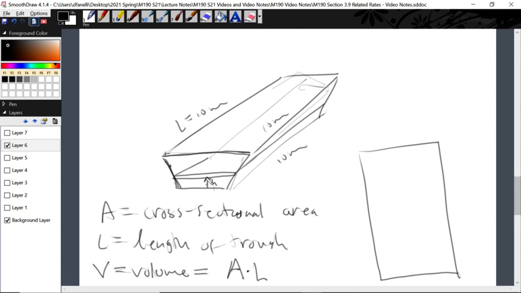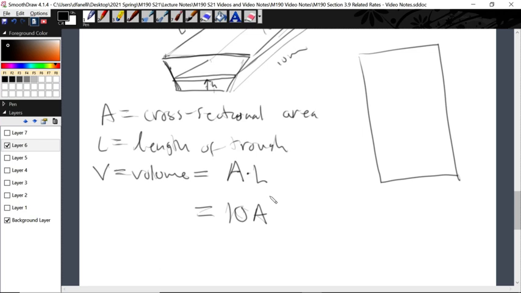Regardless of what the height is, the length is going to be 10 meters for this shape. So the volume is 10 times A, where A is the cross-sectional area.